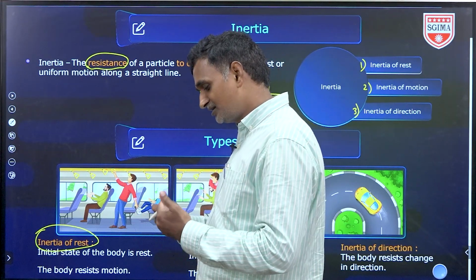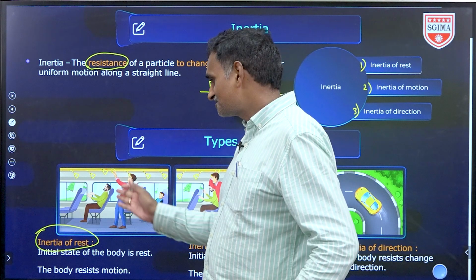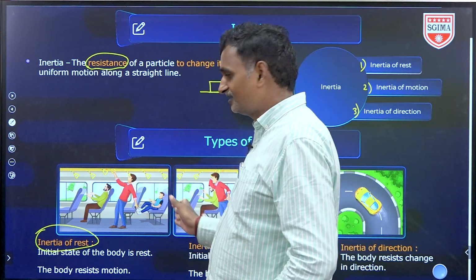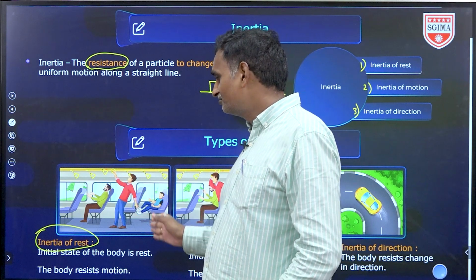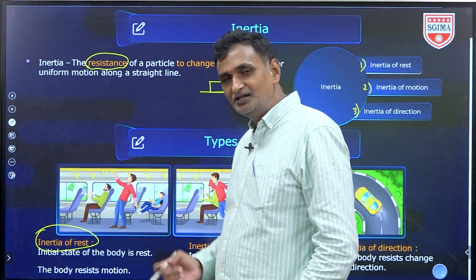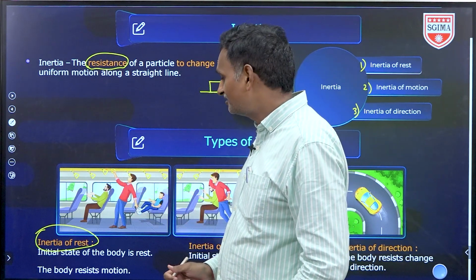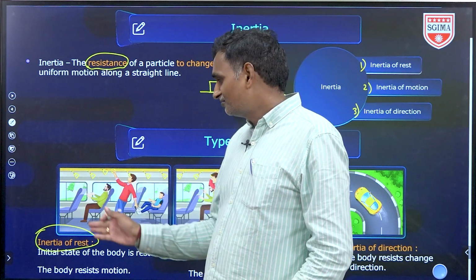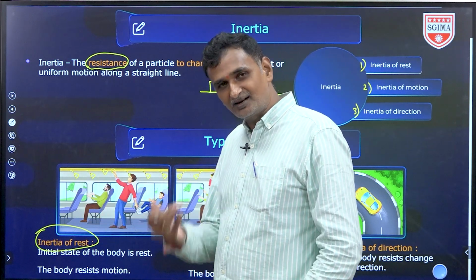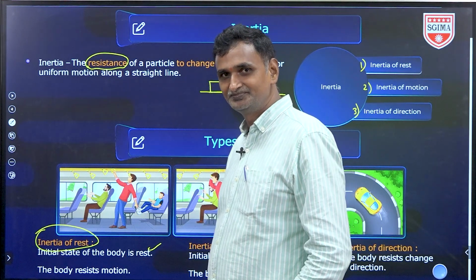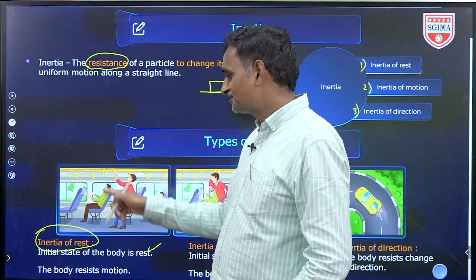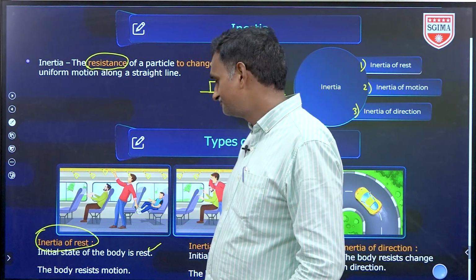So, when the bus suddenly moved, the passengers in the bus will feel a little jerk in the backward direction. So, what happened, why are they moving in the backward direction? Here is a very important point. Before the bus starts moving, the persons in the bus are at rest, like the initial state of the body is rest. So, all the persons in the bus are at rest.